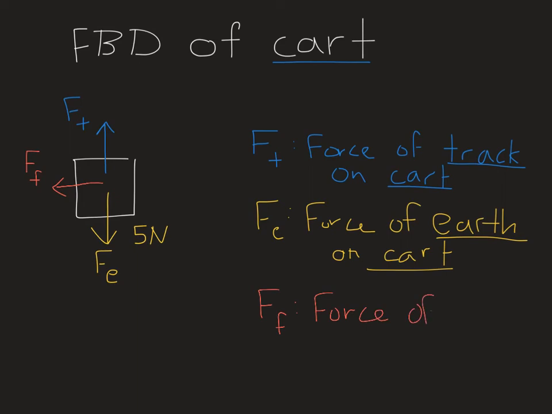Force of fan on the cart. Excellent. So there we go. Now we know how much this force is, don't we? How many newtons? I said that it was 2 newtons. So add that in there, 2 newtons to the left. Well, there you go. That's it.